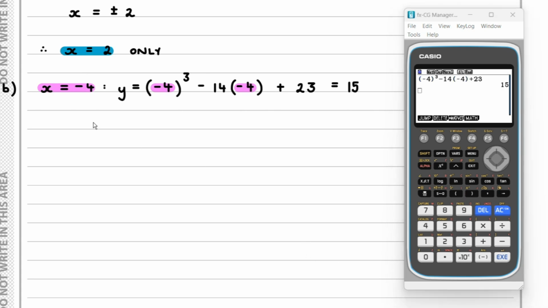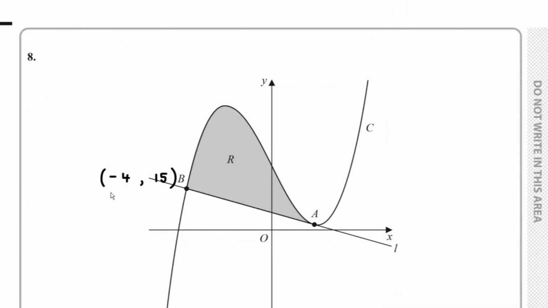And if I substitute in x equals negative 4 into L, y equals negative 2 multiplied by negative 4 plus 7, which is indeed 15. So because we've got the same x coordinate and the same y coordinate, that means the coordinates of B is negative 4, 15. And that's shown on the diagram here.